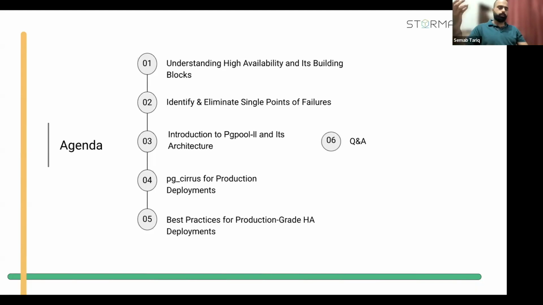Next, we will talk about Pgpool, its community, and its architecture. Then I will walk you through the code base of PGCeres and how we can deploy it on different nodes. Finally, we will conclude our presentation by mentioning a couple of best practices on how you can configure or provision your production-grade highly available deployments. And finally, there will be a question and answer session.